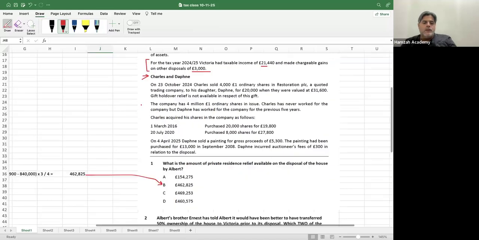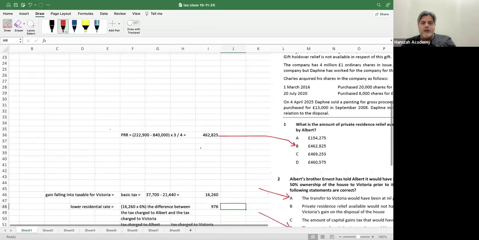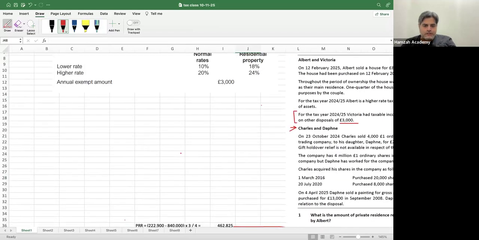Now, the third point is, what is the allowable cost used in capital gain tax computation on Charles shares to Daphne as far as is concerned? I'm gonna go over here and solve here, and then I'll put it downwards. Number one is we are going to calculate the number of shares, and then we are going to calculate their cost over here.